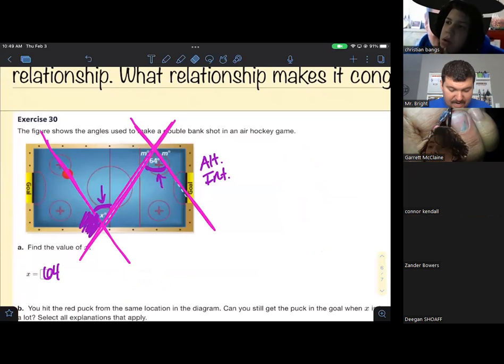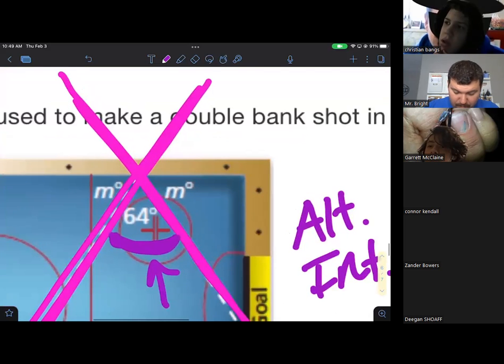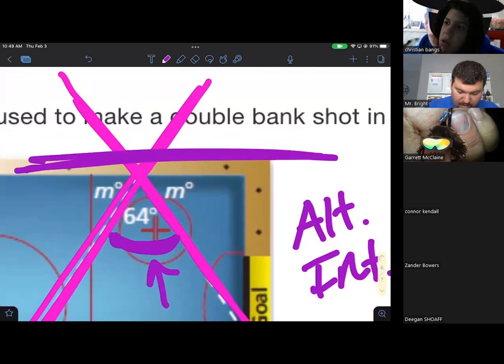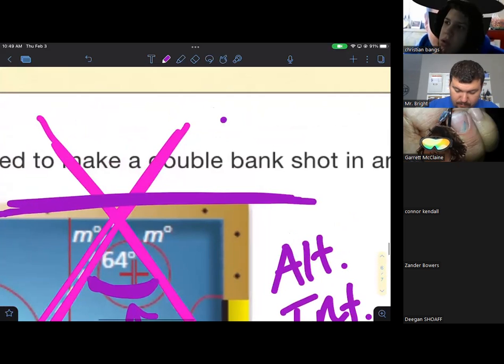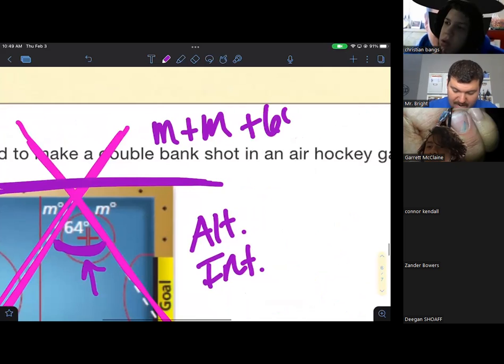Now, if it doesn't say what's the measure of angle X, then you can just put 64. But if they specifically ask you for the angle measurement, that's where we need a degree symbol. Okay, so then to find angle M, because I know that these sit on a straight line, I would say that M plus M, or 2M, plus 64 has to add up to 180.